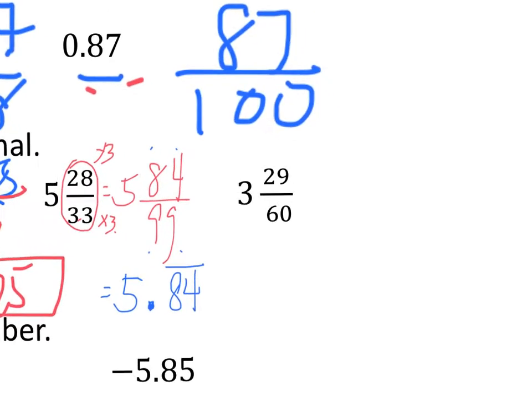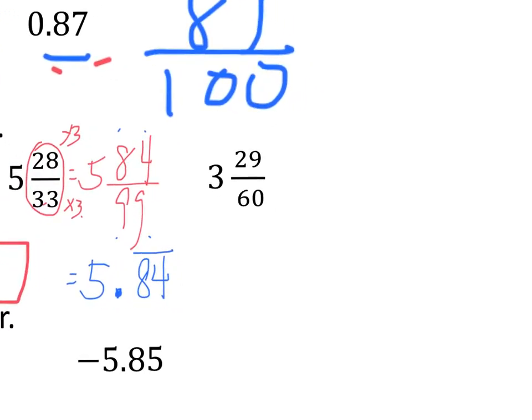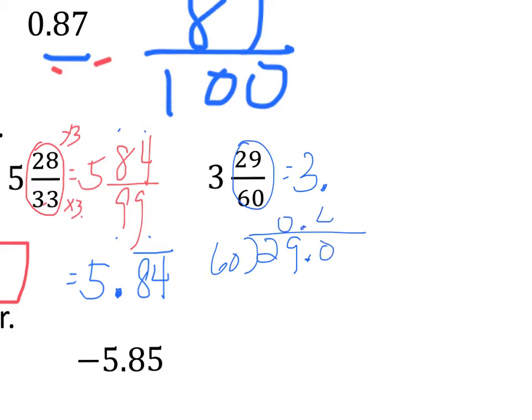And for the next problem, we need to do a little division. So first I'm going to write this down, and my division will be 29 divided by 60. I'm going to set this up. 4, 240, 500, then 8, 480.